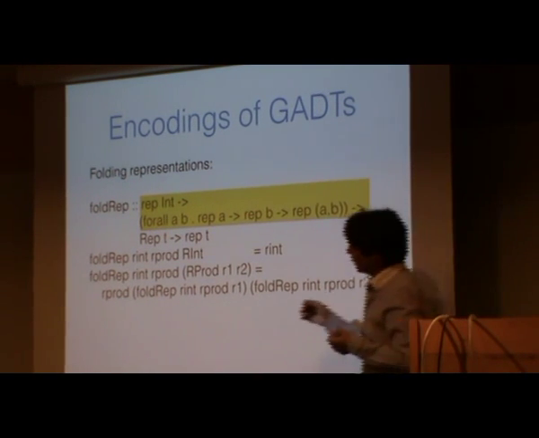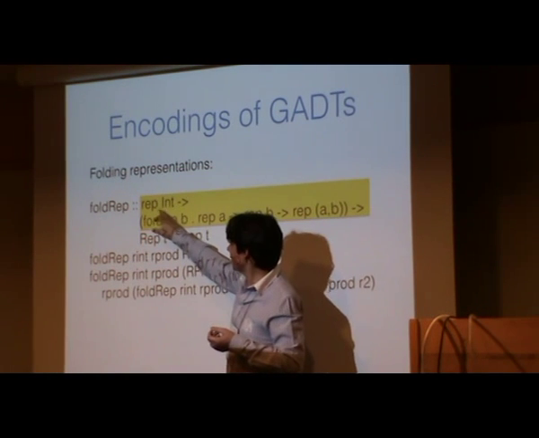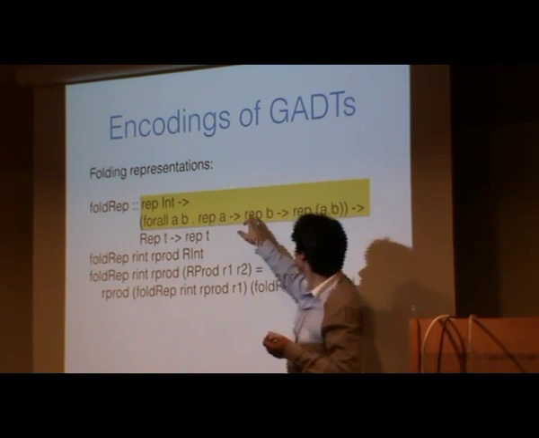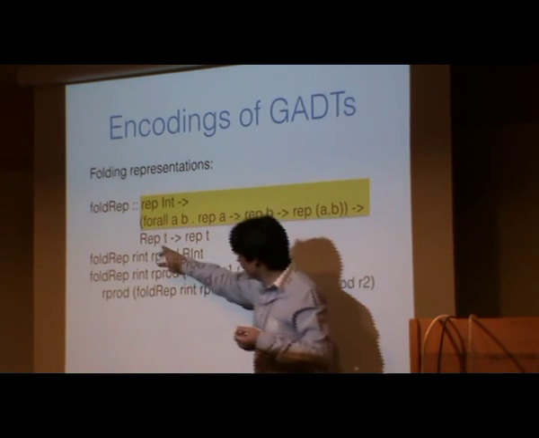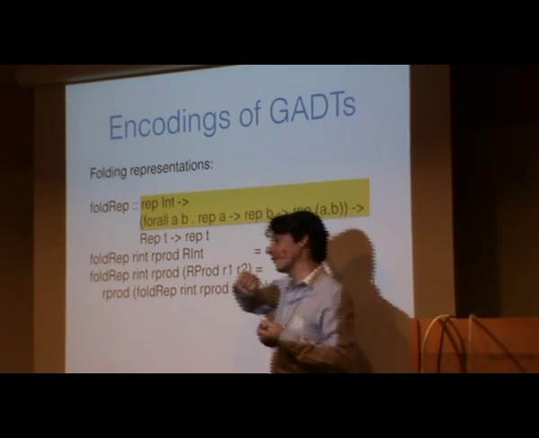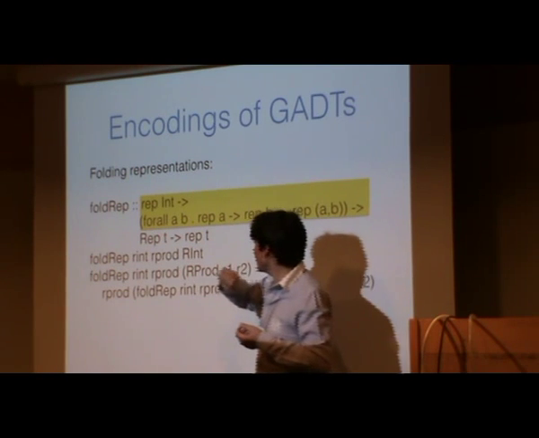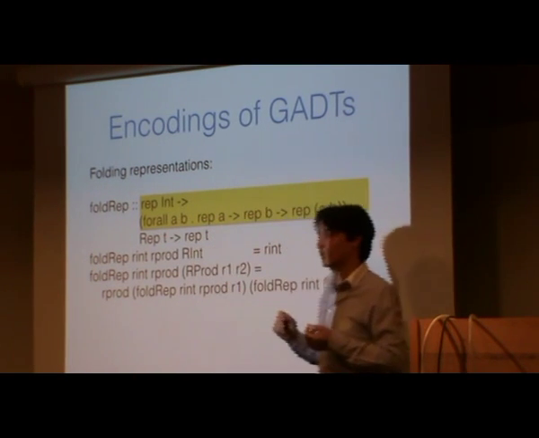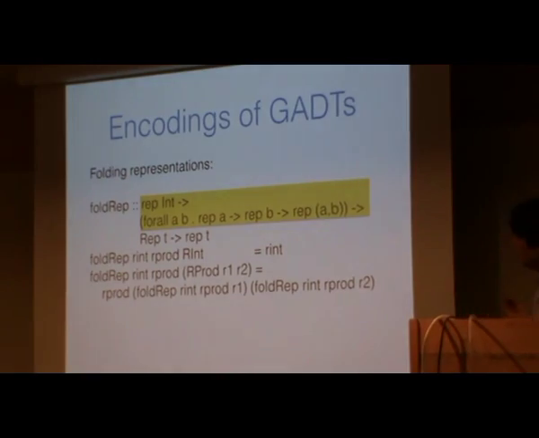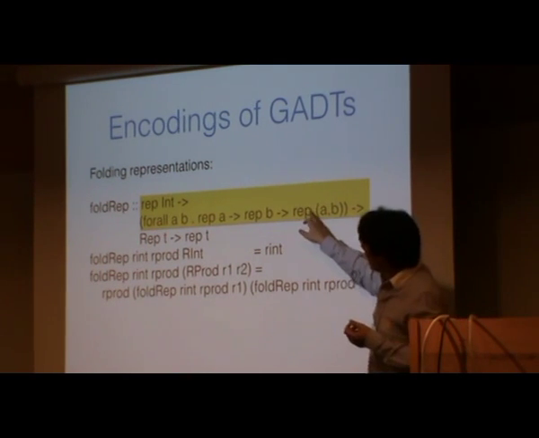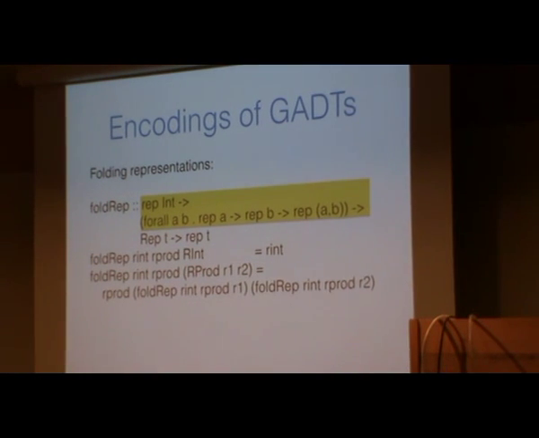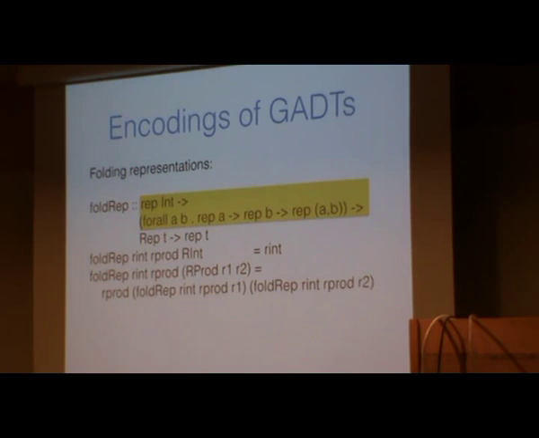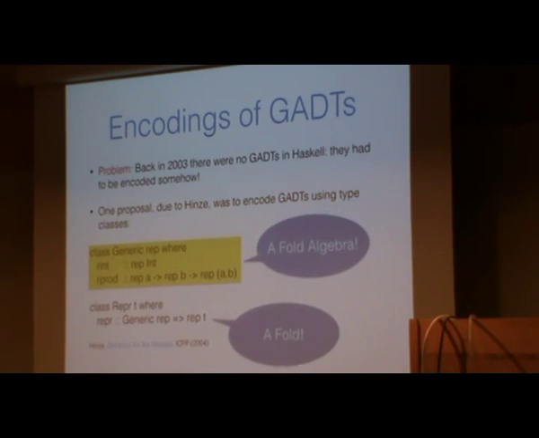The fold would need to take two arguments, this rep int here, and then this second argument, which is a polymorphic function. Then it would take a value of the representation type and finally give you back this type. So this fold is a little bit sophisticated in the sense that you need a higher kind of type here, but it's still the fold of the GADT.